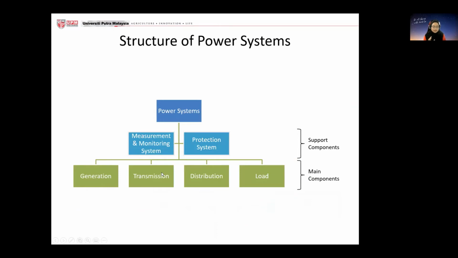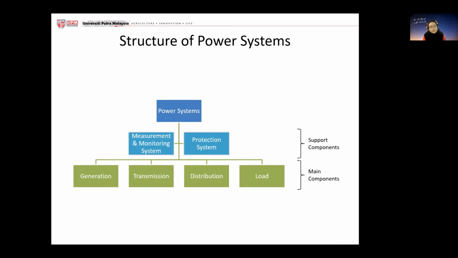So if you think about that, right, basically, if you look very high up, in terms of the country or the world, the structure of our systems actually has many components, right? Of course, it has its own support components, and support here means you have different ways to measure and monitor the system.